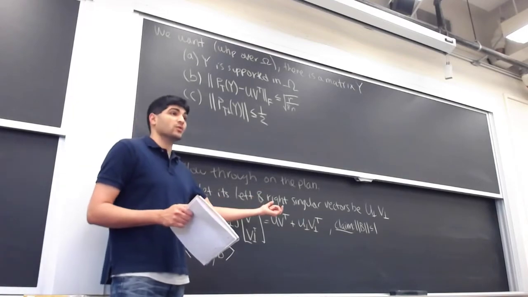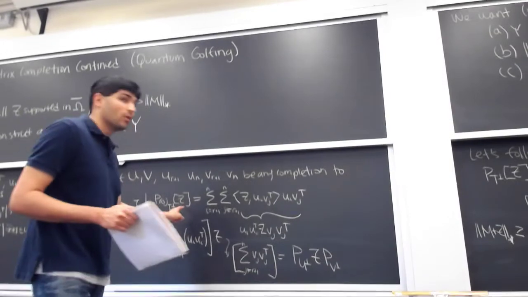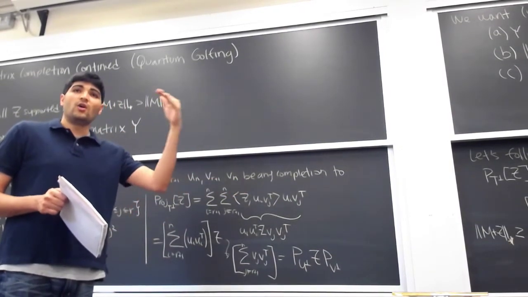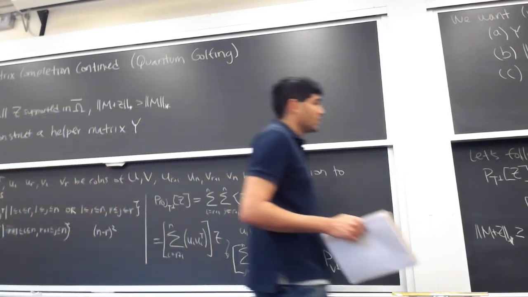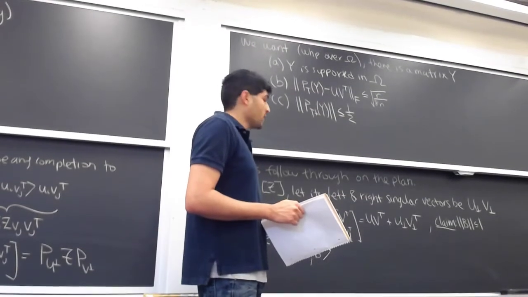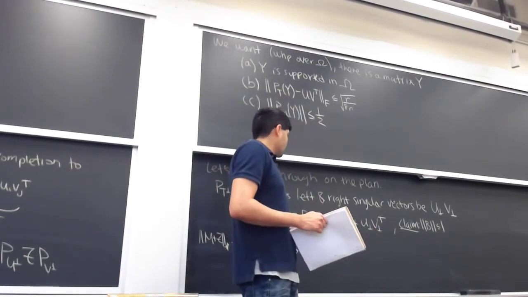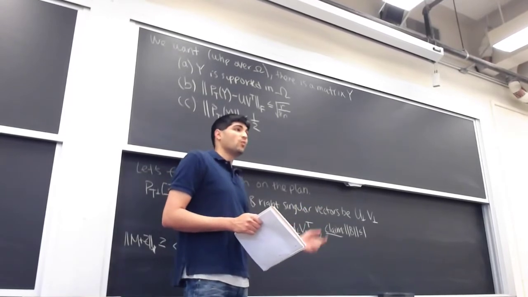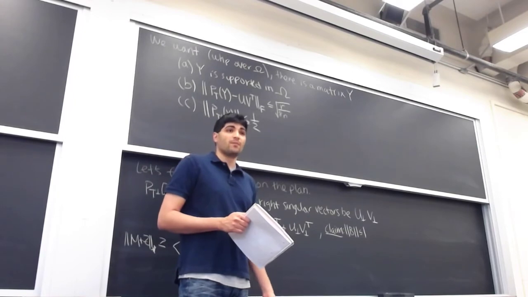If you remember what the definition of projecting onto T perp is, I've made all the columns orthogonal to U and all the rows orthogonal to V. So in this way, I've explicitly enforced the fact that when I take Z and project it onto T perp and take its singular value decomposition, those vectors are themselves perpendicular to all of the things I've found so far. And it's just a valid way to extend the SVD without increasing the operator norm.